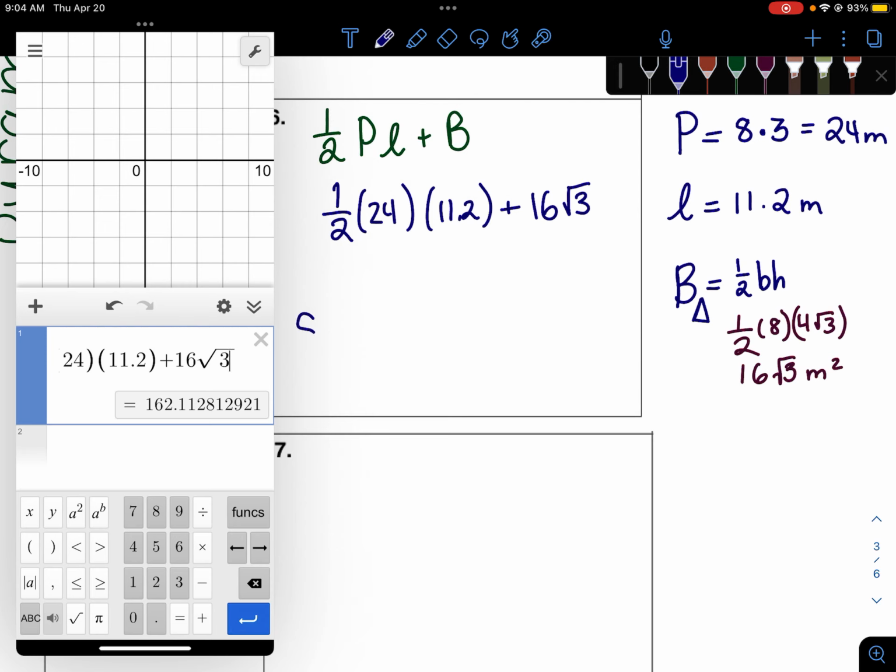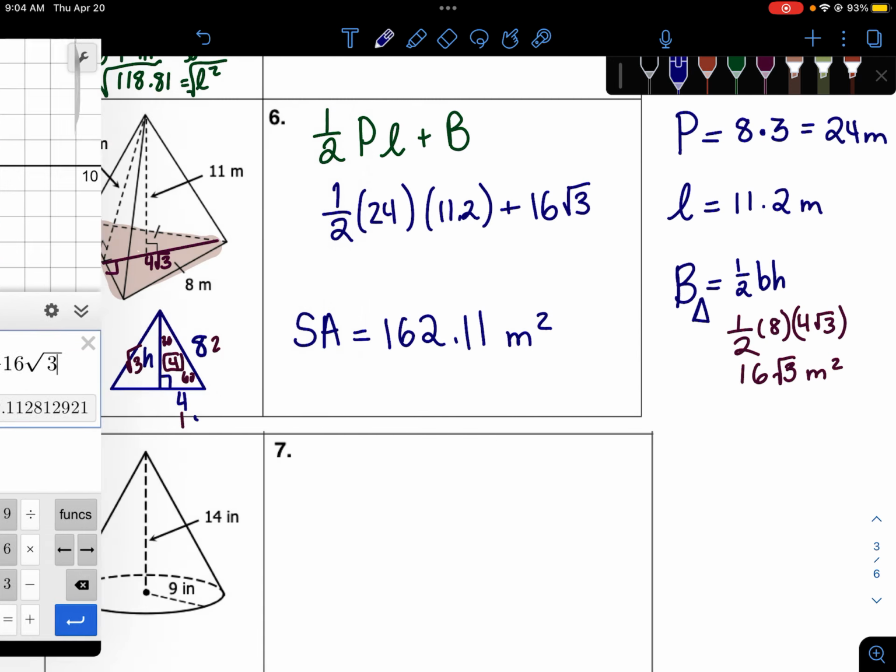And I find that the surface area of this triangular pyramid is 162.11 square meters.